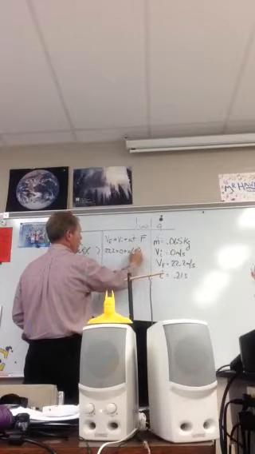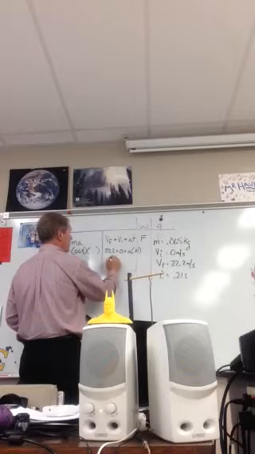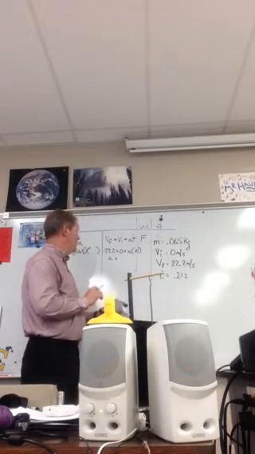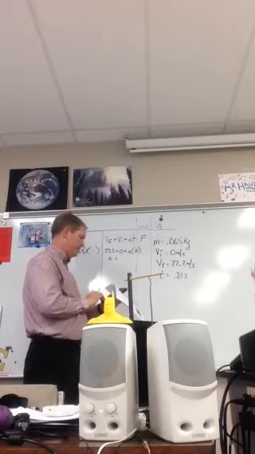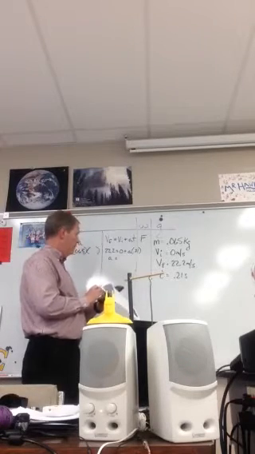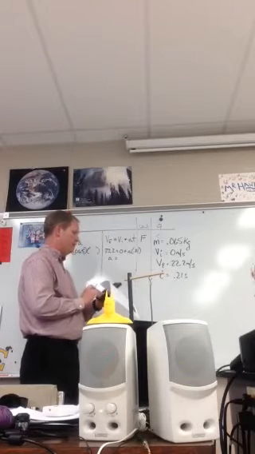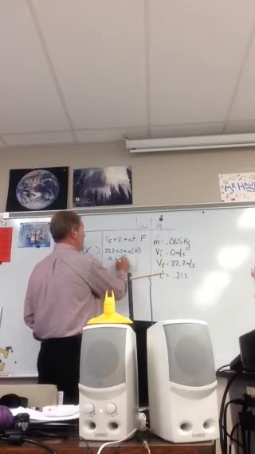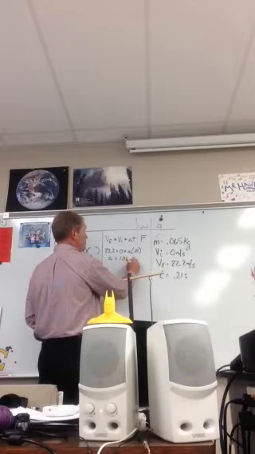All right, so solving for A then, I'm just going to take 22.2 divided by 0.21. Comes out to be 106 basically. So the acceleration is 106 meters per second squared.